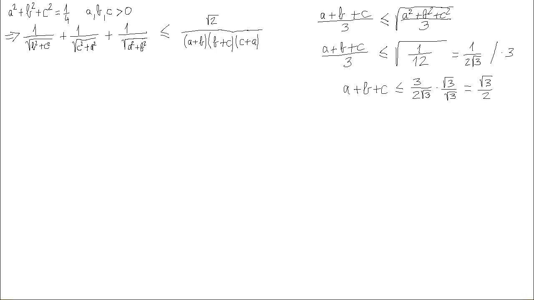So we know that a plus b plus c is less than or equal to that value, with equality if all three numbers are equal.